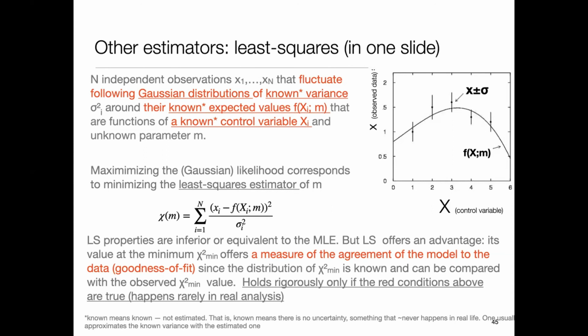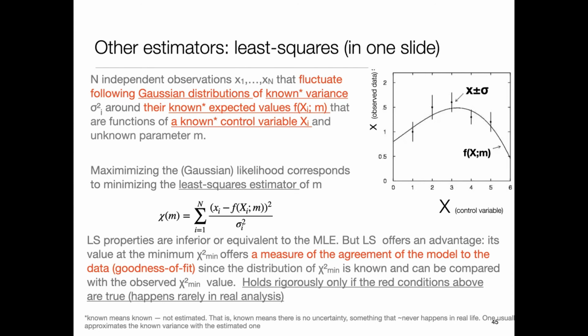Since we know the distribution of our estimator, which is known to follow a chi-square distribution, I can compare the value I obtain with the distribution I know and determine a quantitative estimation of how good my fit is for the data I have. This is the least squares theory.